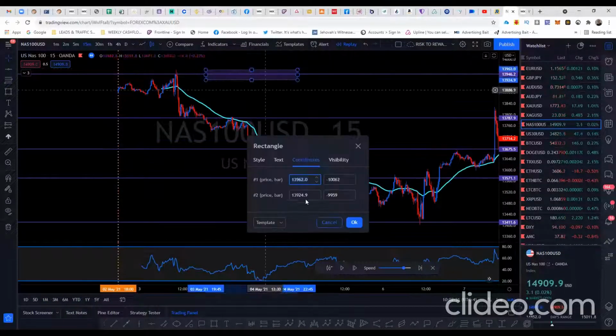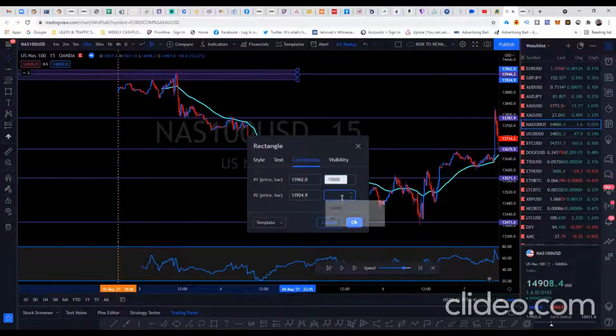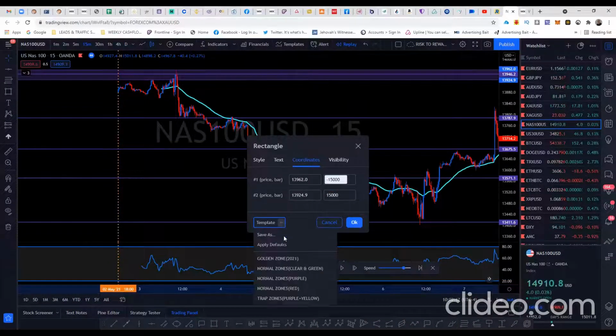So now we're going to start drawing the zones with this color. We're going to make this gold.